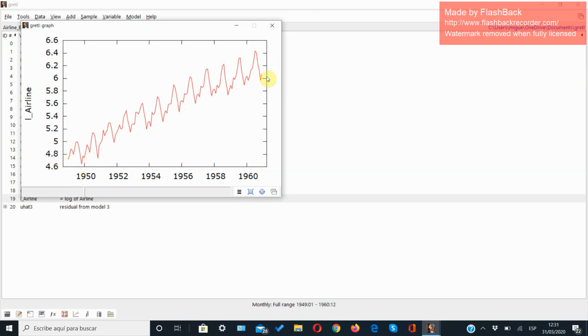In this case, you see that the variability is more or less stable, that the time series continues displaying a trend behavior and continues displaying seasonality. But at least we stabilize the variability. So this airline variable will be the endogenous variable for all the models that we are going to fit.